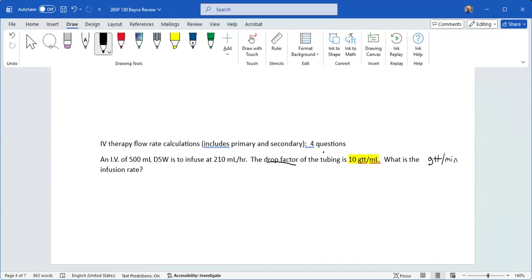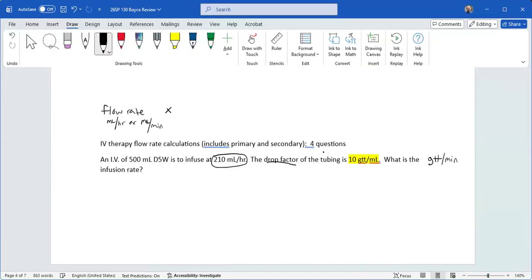In order to calculate that, I need to know two pieces of information. I need to know the flow rate, which is usually going to be given to me in milliliters per hour or milliliters per minute. It just depends how it's originally set up. Like this one, you can see it's at 210 ml per hour.